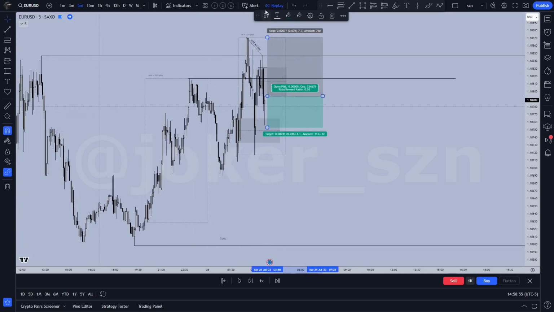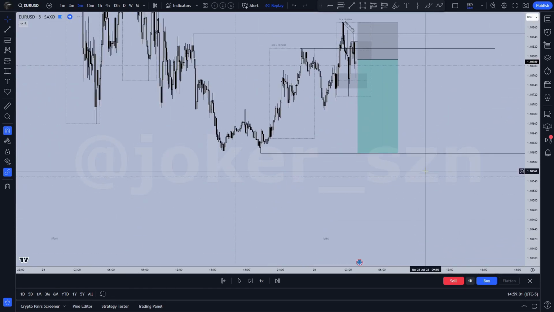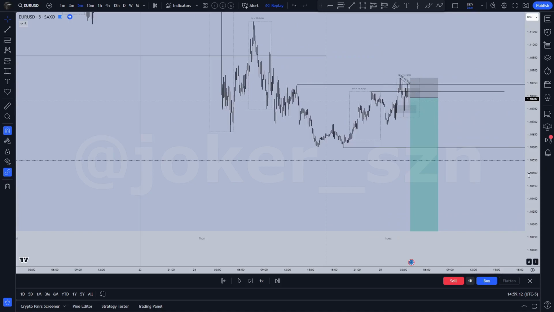So I put my stop here, and then the first TP would be the lows here for a 2.5R trade, and then I would leave some runners for lower prices, right? The FVG low, for example, could be one target for then a 6.7R in total.